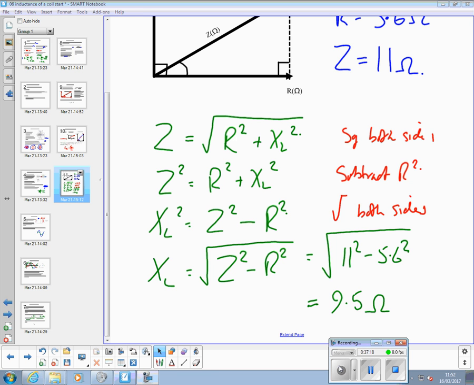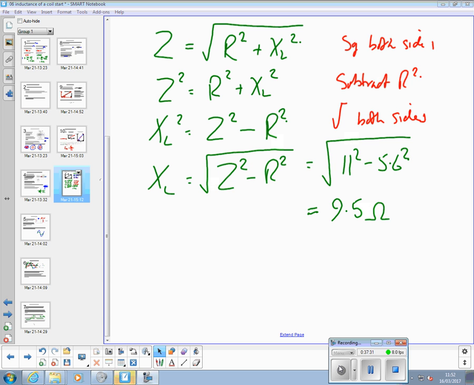Right, guys. So how can we turn that into inductance L in henries? Omega L. Yeah, but do we know what omega is, Jack? Have we got a value for that?